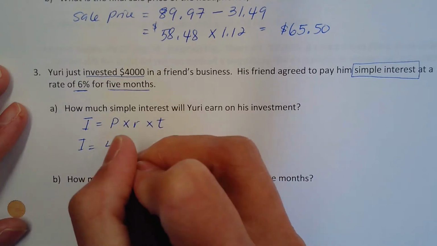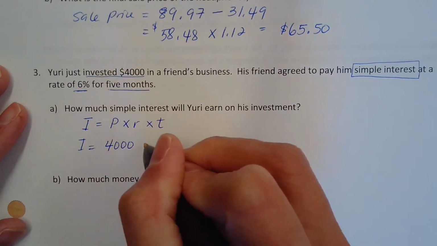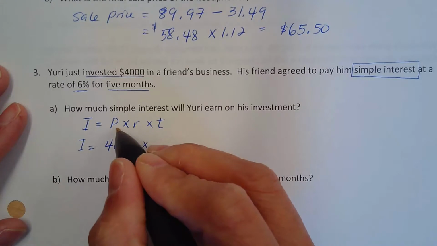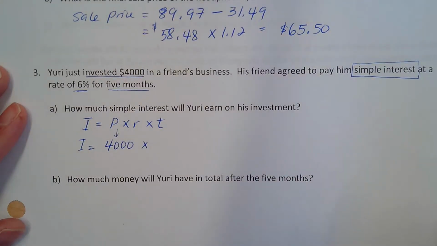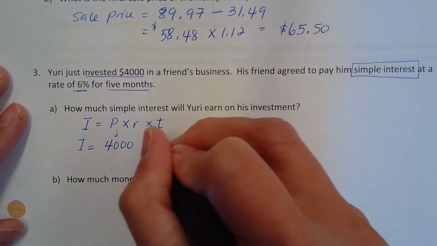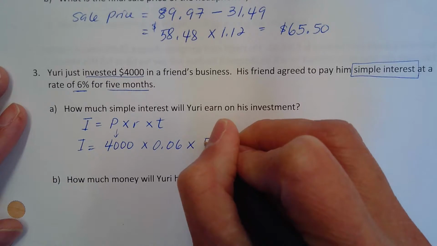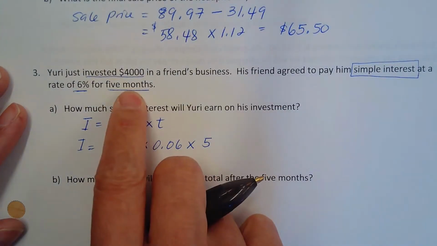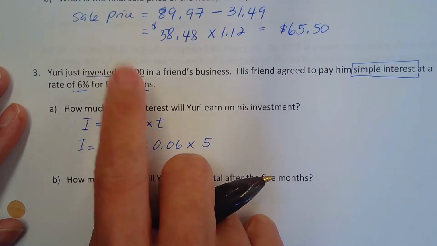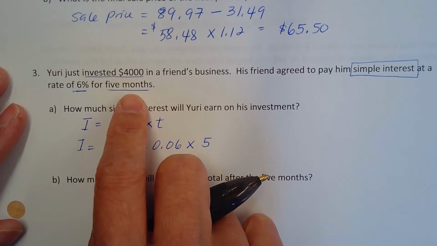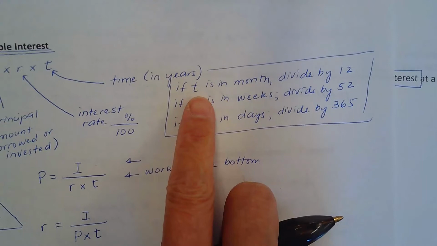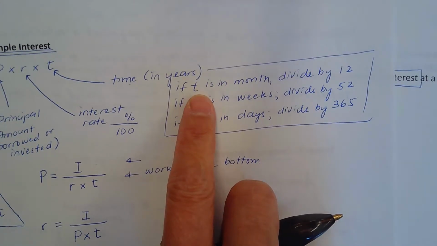Principal would be 4,000. Okay, so follow your recipe. Rate is 6%, so 0.06 times time is 5. But this is 5 months, so this is a tricky one. I want to point it out in here so you would remember where to look on the test.